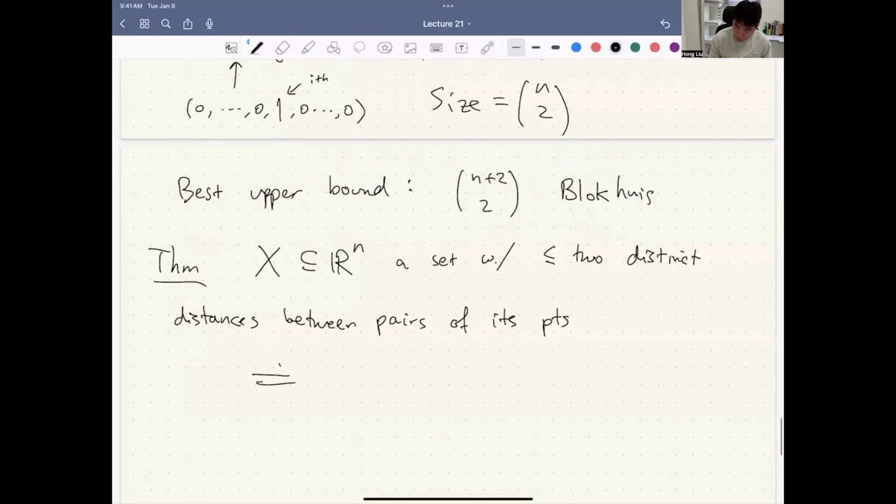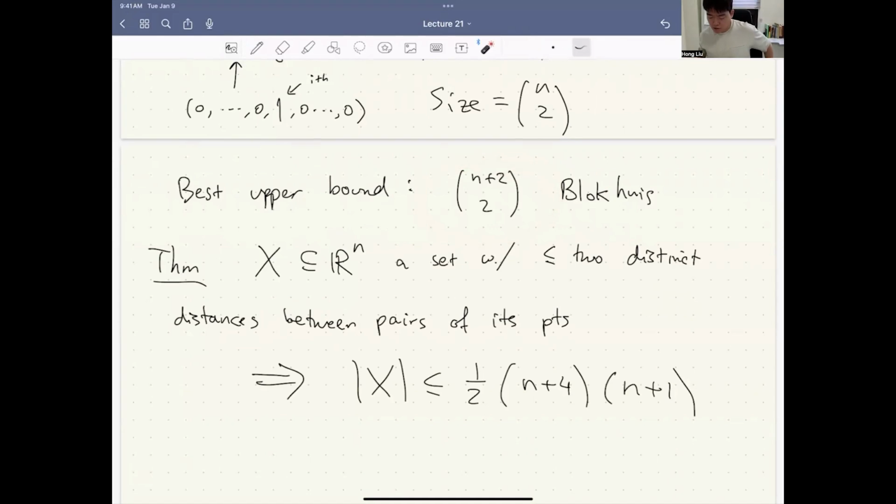Then we get the upper bound: the size of X is at most 1/2 (n plus 4 choose 4), plus n plus 1. Almost like these bounds, just a little bit off, leaving all the terms the same, right?